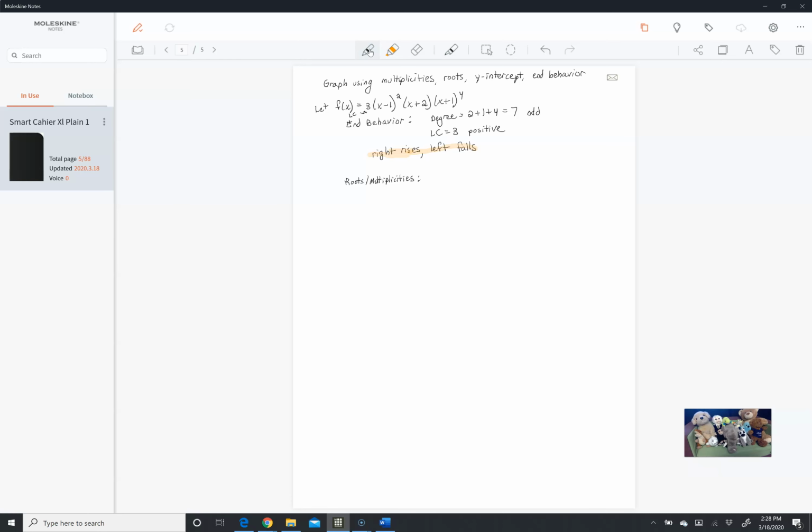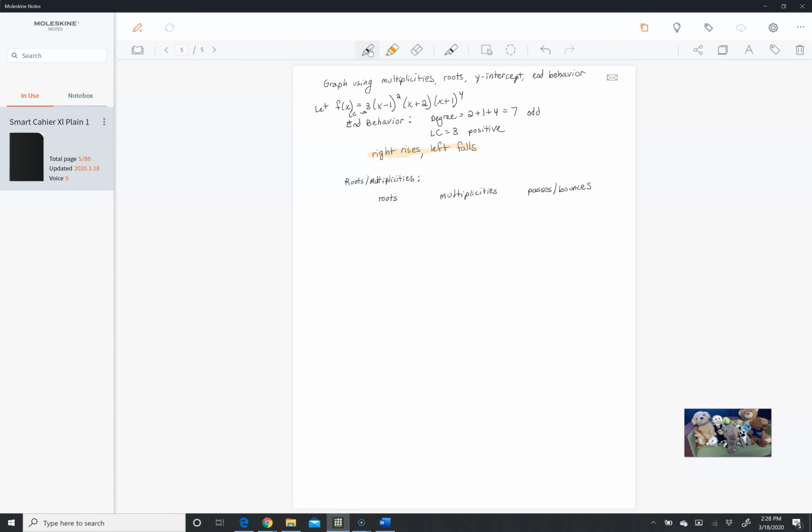So let's just write the roots. We'll do it in a table, just like we did before. And from here, we can also tell whether it passes or bounces off the x-axis.